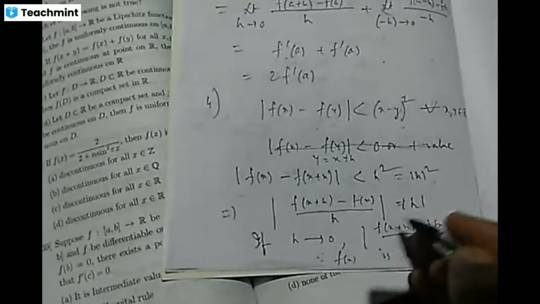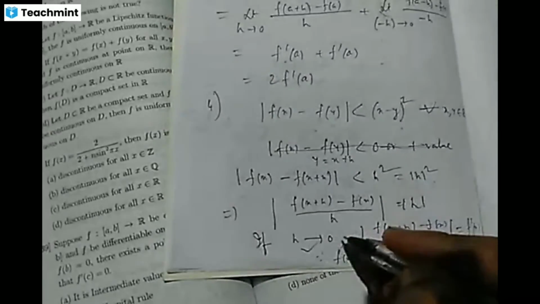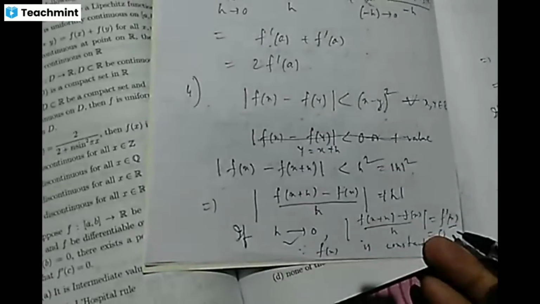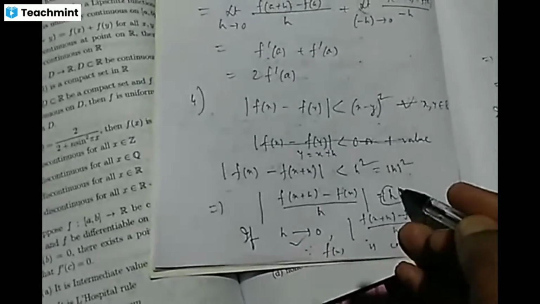So if h is very small, if h tends to 0 positively or negatively, then this will be the first derivative of f(x), which is equal to 0, because this is tending to 0, its limiting value will be 0.